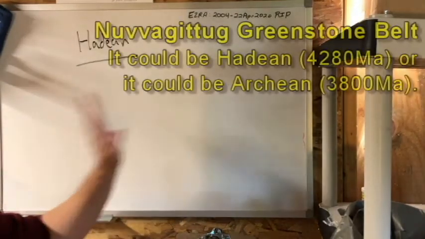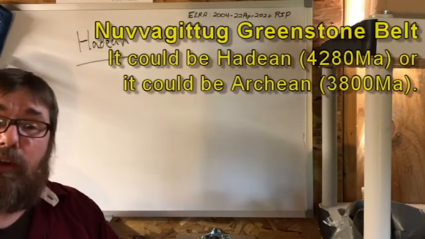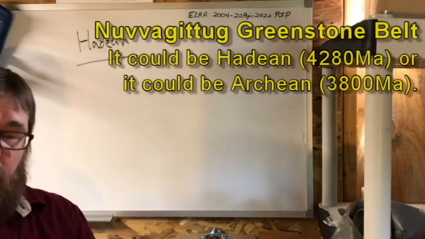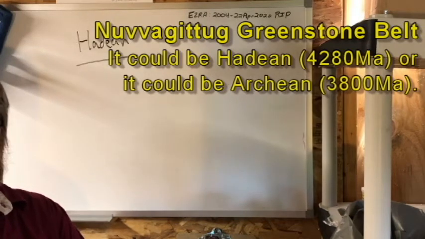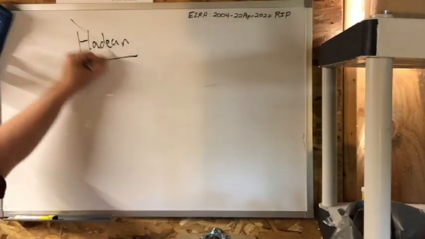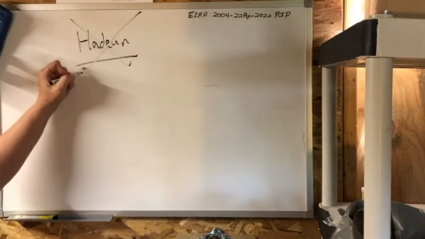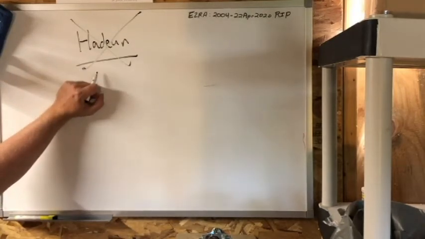There is a place, and I cannot pronounce this word to save my life. I'm not going to try. So you can look into that on your own, but I'm not going to go into any detail on that. So we basically don't have any confirmed continental crust on Earth that has been derived directly from a solidified magma.